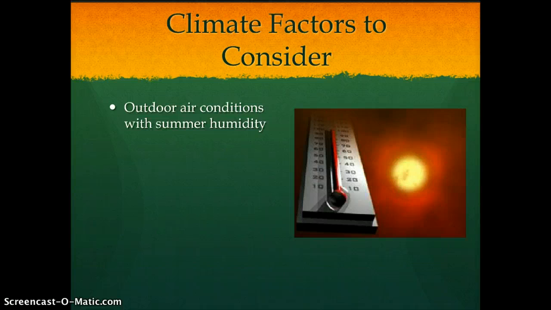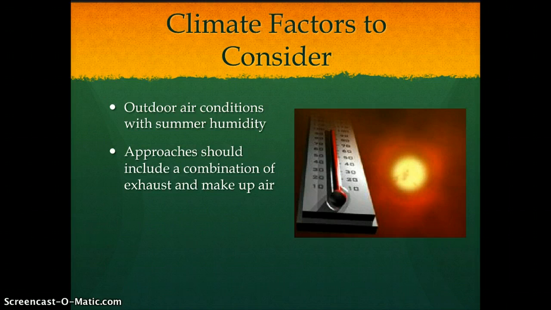In climates with outdoor air conditions that carry large summer moisture loads, which includes much of the eastern portion of the country, ventilation approaches should include a combination of exhaust and makeup air to achieve the pressure differentials required by the credit.